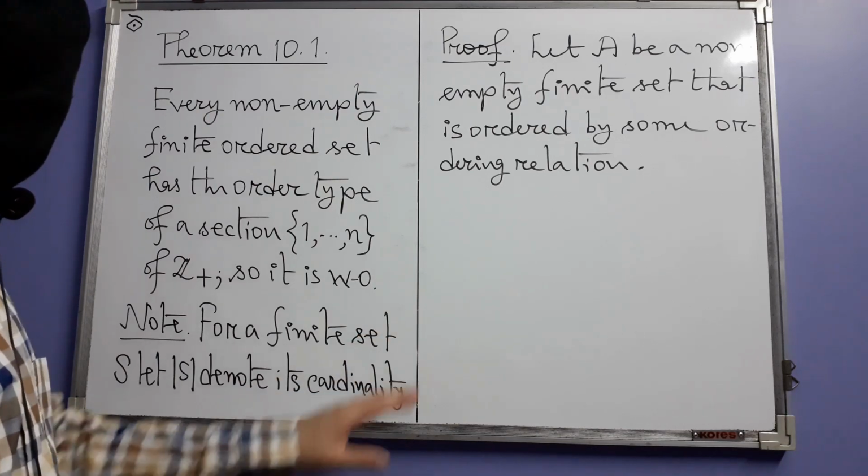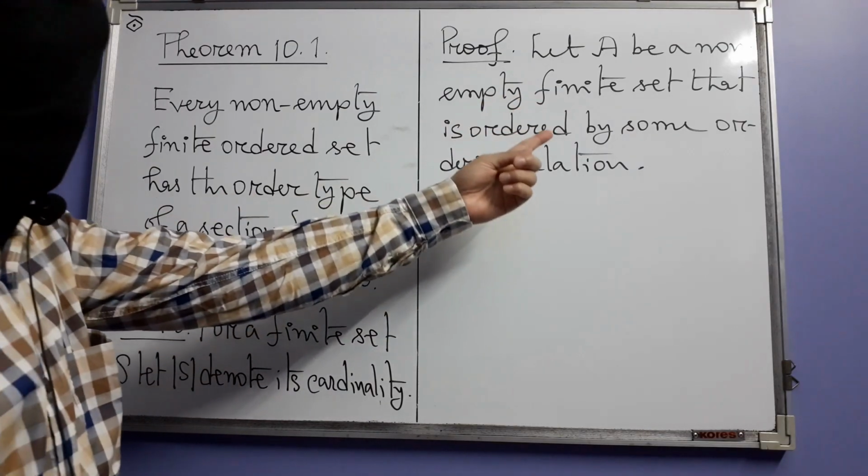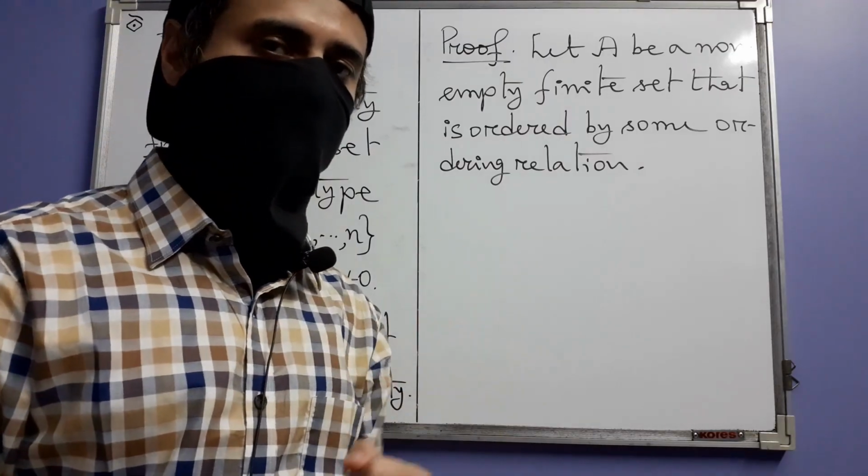Now the first thing, of course, this is what we have to prove, that A has the same order type as this section. But we first claim something else.